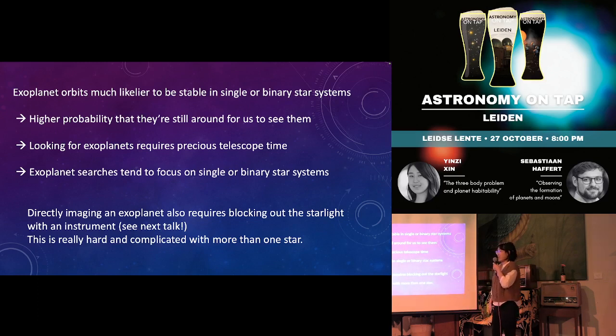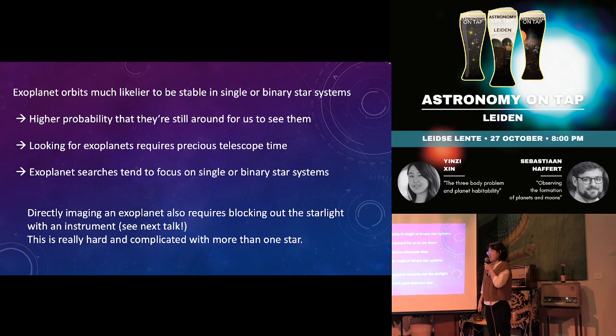And because looking for exoplanets requires precious telescope time, when we do look for things with telescopes, we tend to focus on single and sometimes binary star systems. And another more logistical reason is that when you're trying to directly capture the light from a planet, you actually have to block out the star, or else the star will be too bright and you won't be able to see the planet.